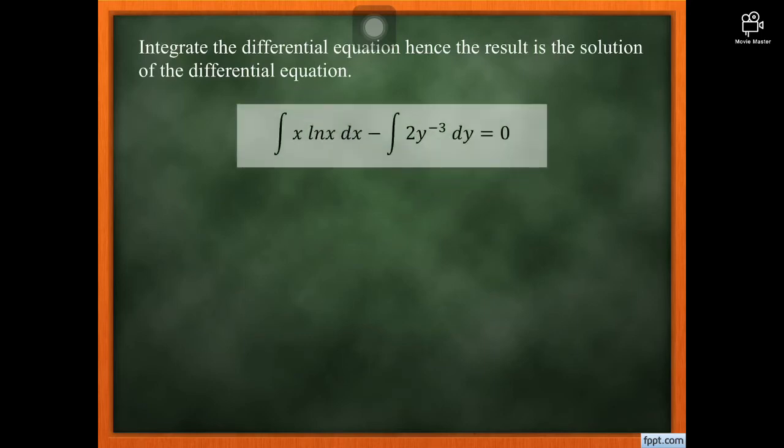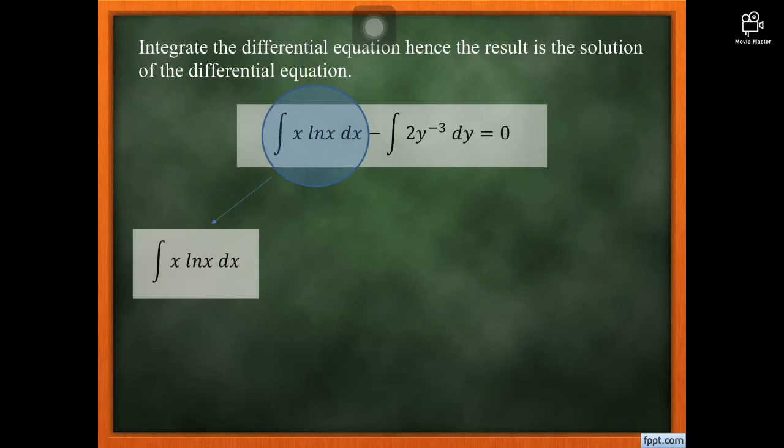So let us first integrate the one with the blue circle, the integral of x ln x dx. To integrate this, we need to use integration by parts, which is the formula that the integral of u dv is equal to uv minus the integral of v du.